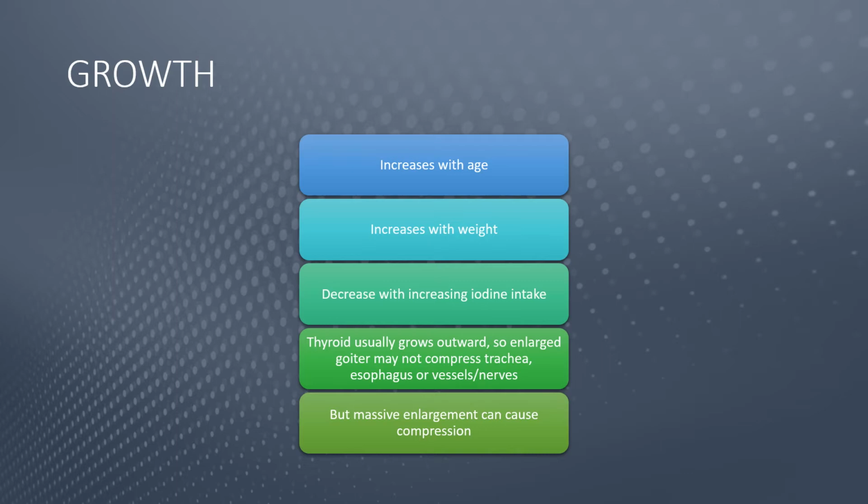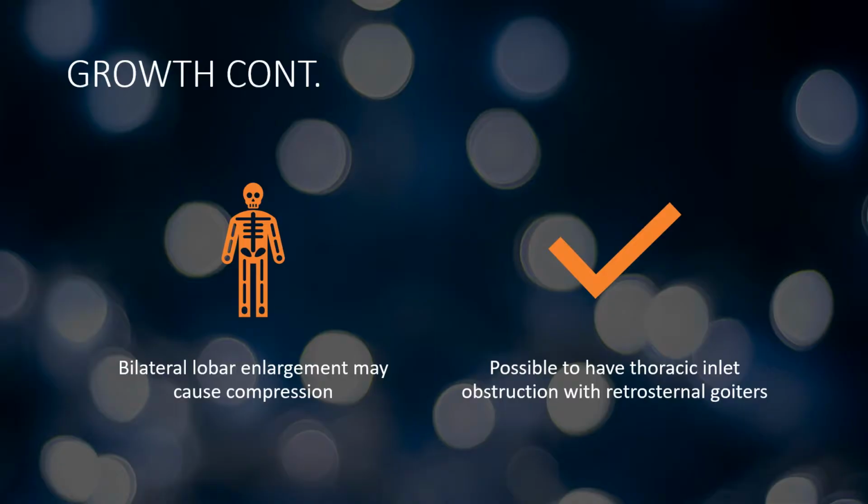But if the thyroid gland has grown so massively, if the goiter is so big, it can cause compression. Still on growth, there is likelihood of bilateral lobar enlargement, and that may cause compression.